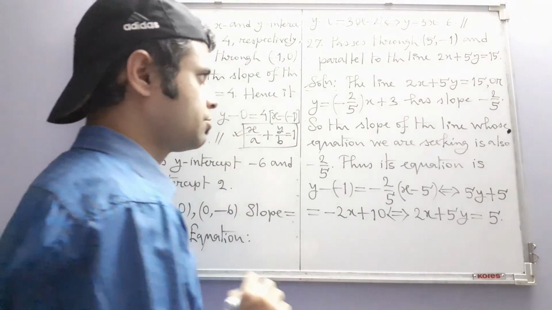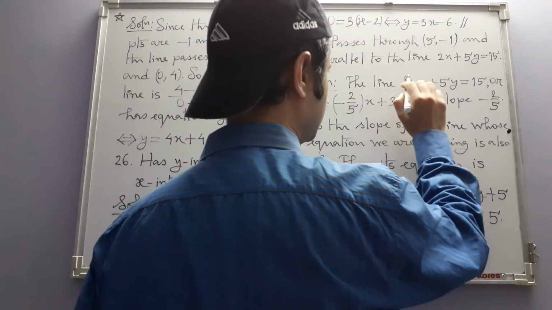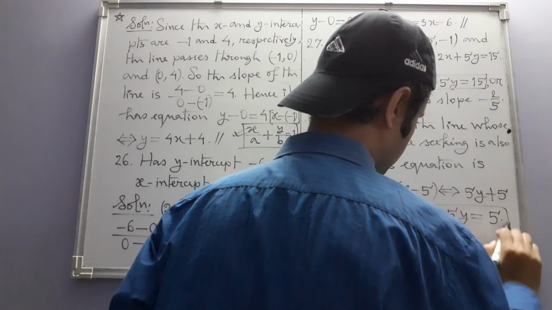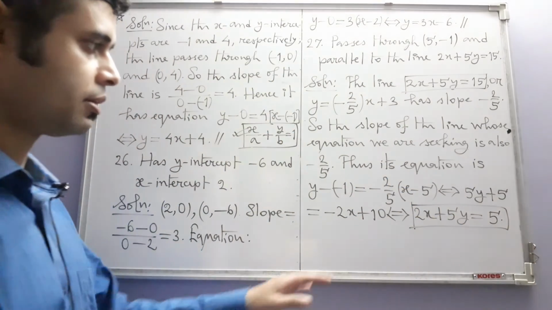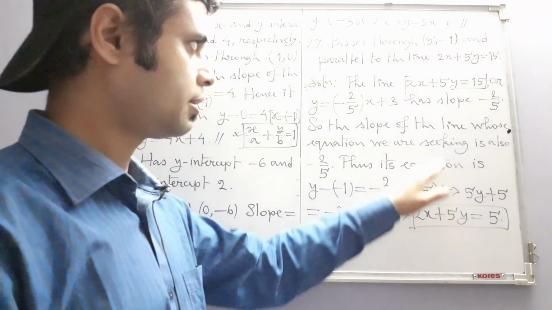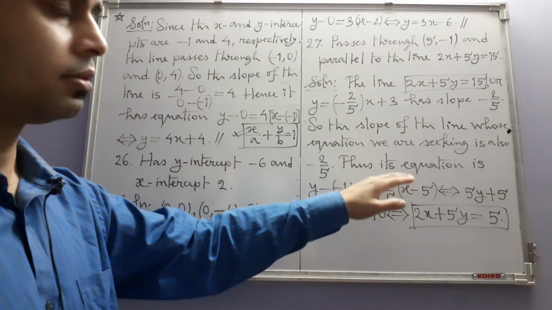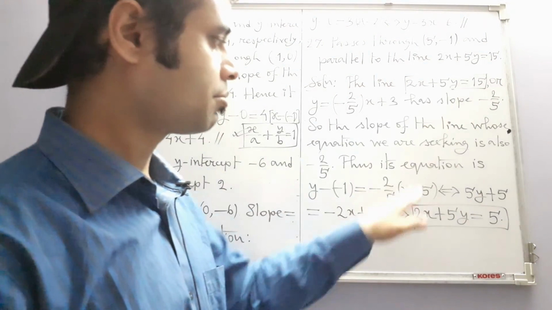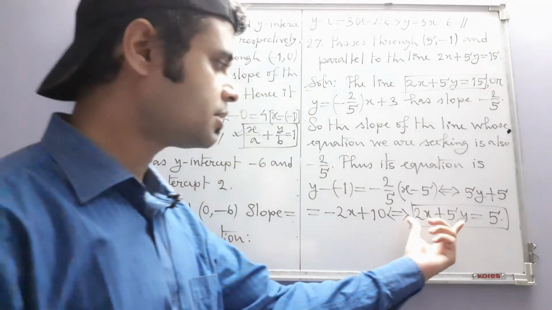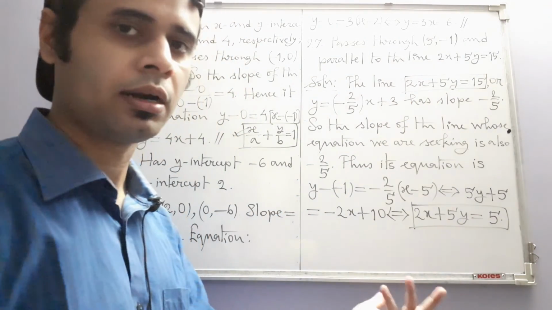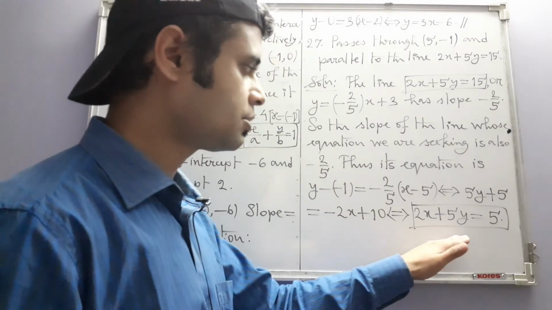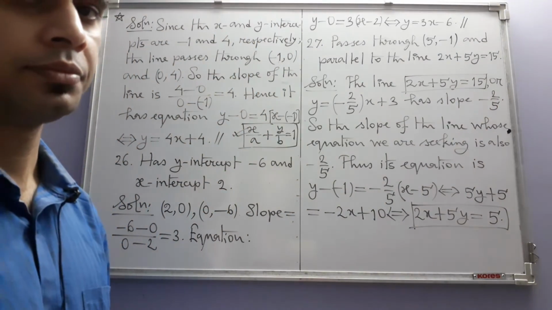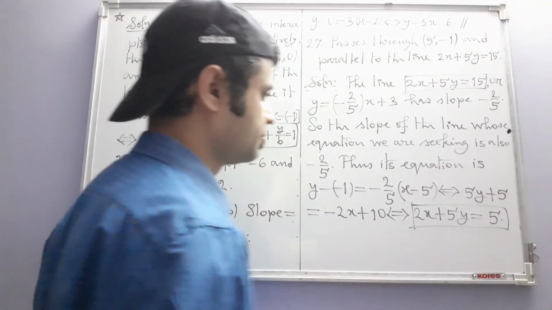You can notice one thing: the equation of the line that we were trying to find and the equation of the given line to which it is parallel have the same left hand side. So this part will look the same for parallel lines. Their equations will only differ in their constant terms. Okay, this is a fact.